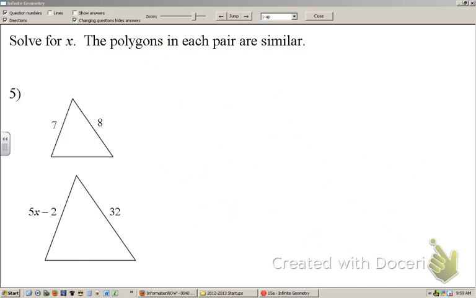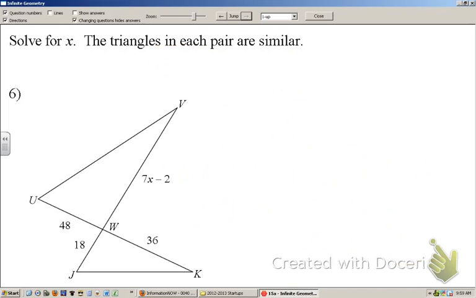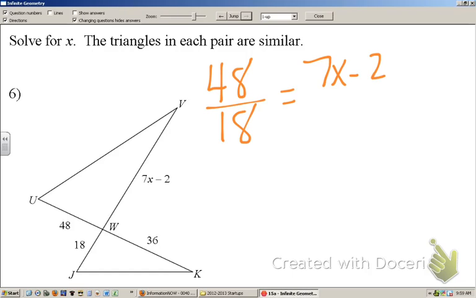Number 6. Solve for x. The triangles in each pair are similar. The main thing with similarity is what I've stressed, is matching up corresponding parts. So 48 corresponds to 18. 7x minus 2 corresponds to 36.